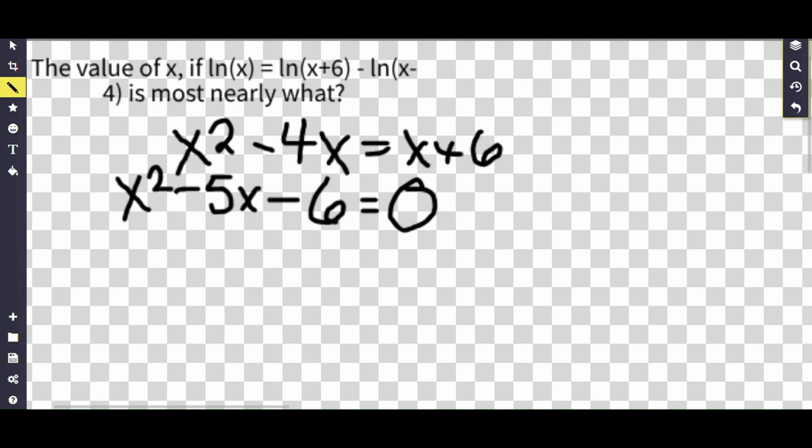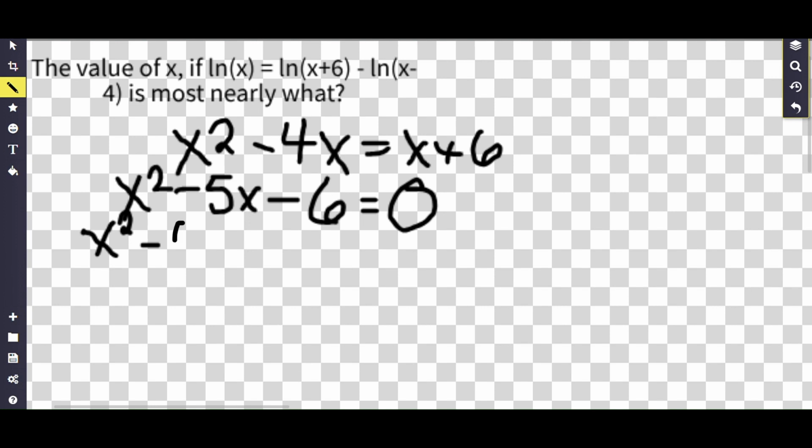We can do this a couple different ways. We know for a fact that there are going to be two potential answers because of that power there, and that's a good indicator to help you solve it. The best way to do it is to complete the square. At this point in your education, I think y'all have done completion of the square. I would look up some videos to help you, but for the most part, y'all can figure it out based off of the math that I'm doing currently.